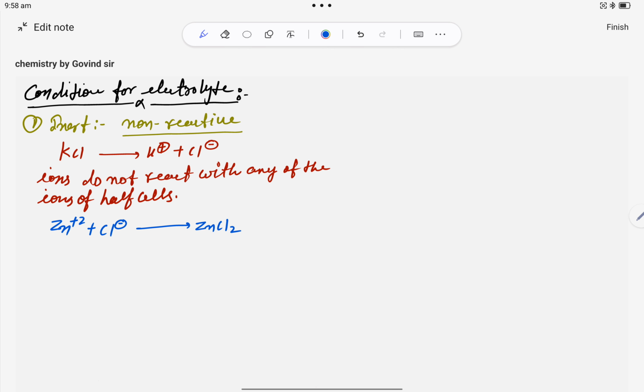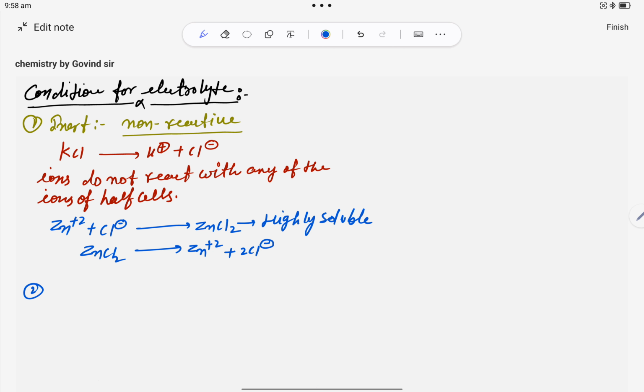But children, ZnCl2 is highly soluble. So when ZnCl2 forms, it immediately dissociates into Zn2+ and 2Cl-. That's why it is an inert electrolyte.